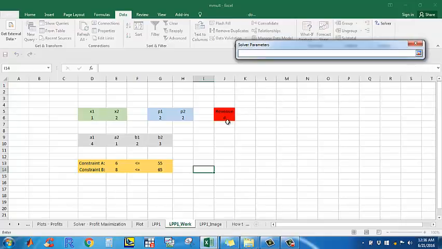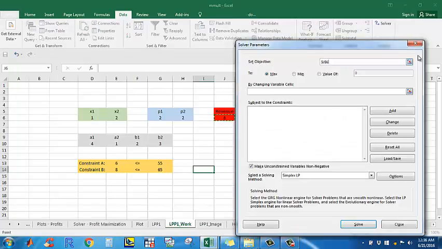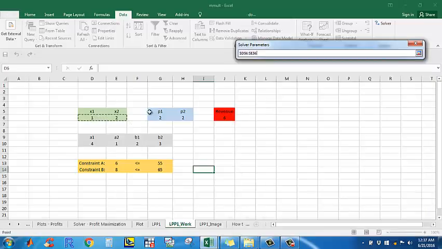The objective is to maximize revenue. Maximize is the option that we have selected here. If we are looking at a minimization problem, we would have clicked on min. So we maximize the revenue by changing cells x1 and x2.